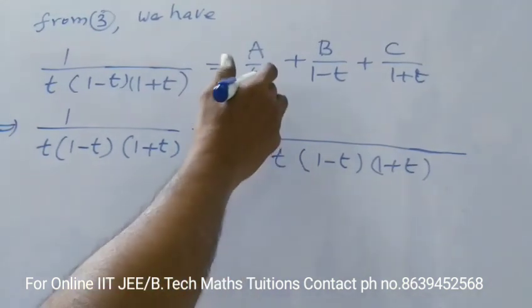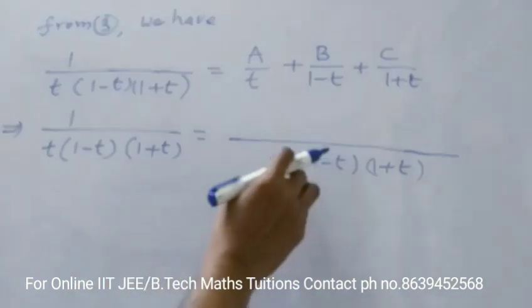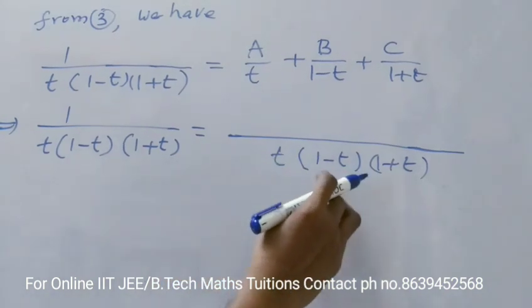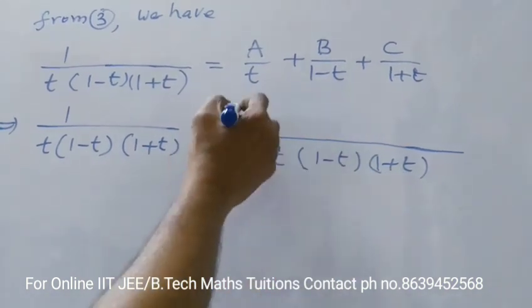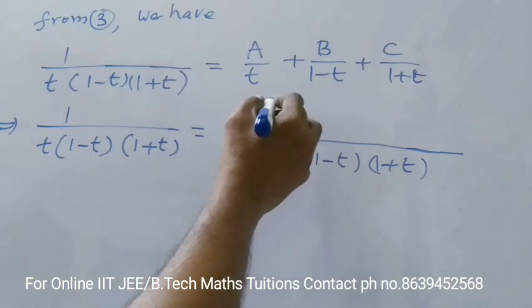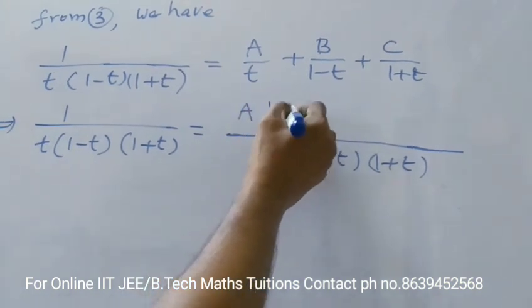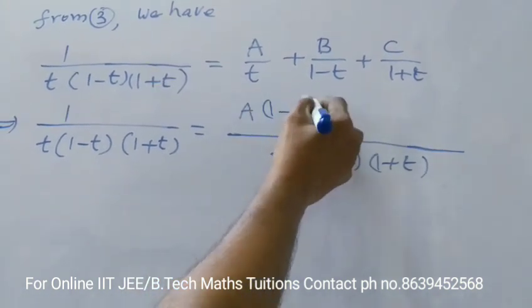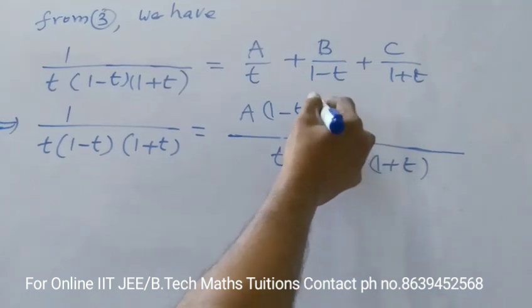Now here t divides all these terms. The leftover term is 1 minus t into 1 plus t, so A of 1 minus t into 1 plus t.